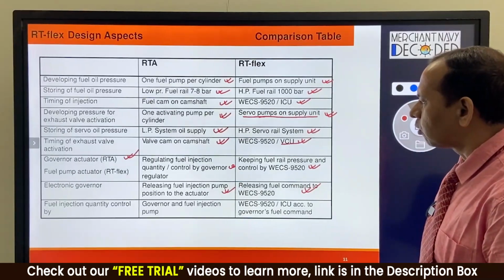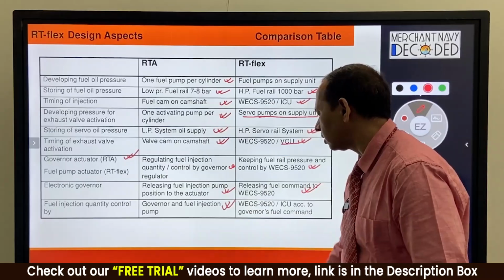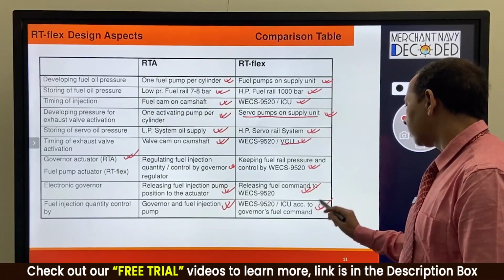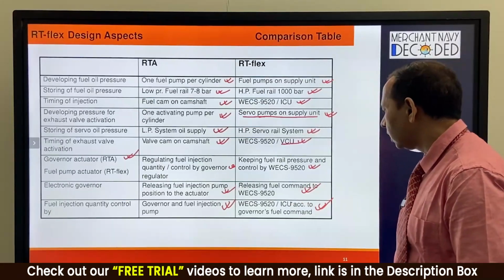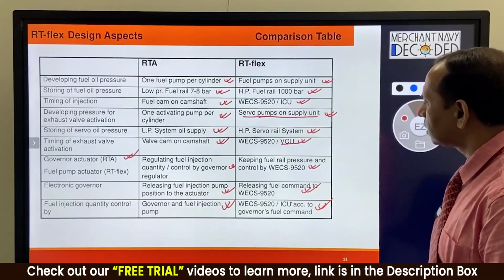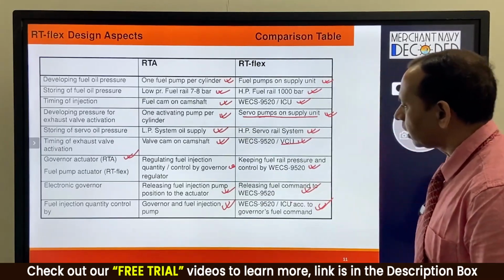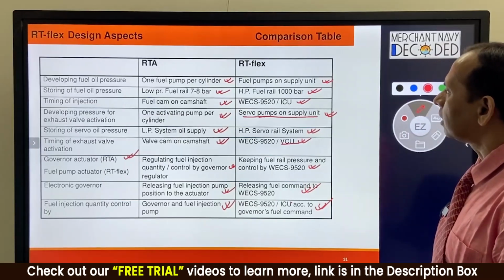Fuel injection quantity control, governor and the fuel pump combination is doing in the RTA engine, whereas in the RT-Flex engine it is all VEX and ICU, which is the injection control unit, which is doing the entire job which was done earlier by the electro-hydraulic governor and the fuel pump in an RTA engine.